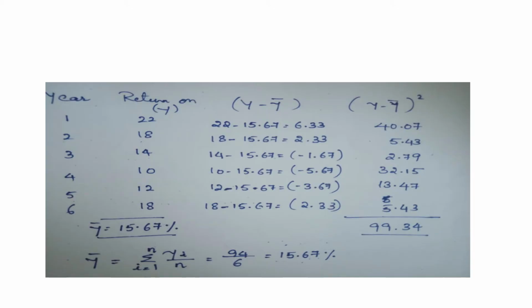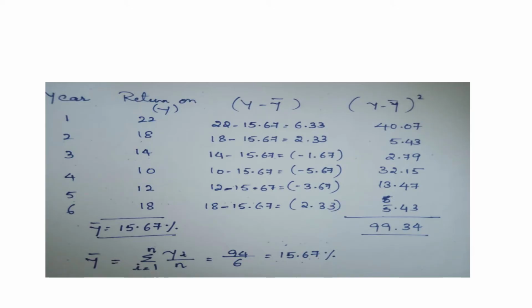So now easily you can substitute it here. That is y minus y bar. Y means written on single security, 22 minus 15.67, that comes to 6.33. Again 18 minus 15.67, that comes to 2.33. 14 minus 15.67, that comes to minus 1.67. So once you have done this calculation, then go for y minus y bar the whole square.